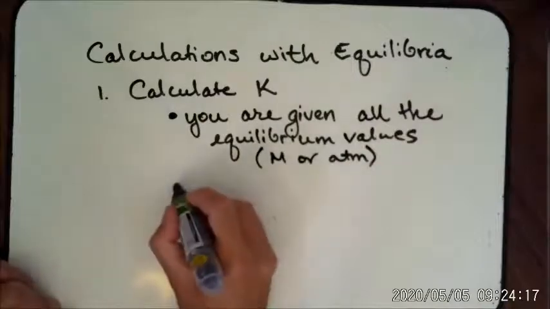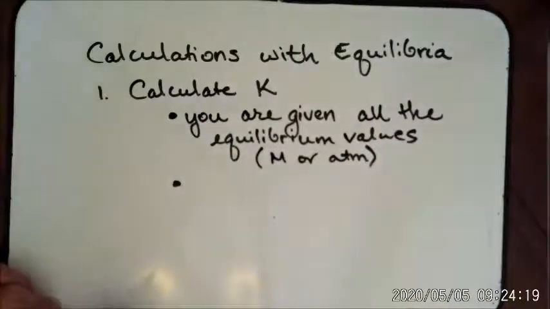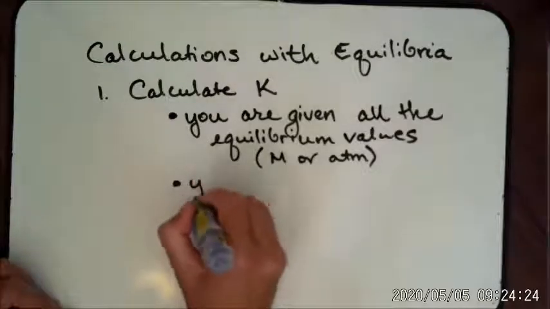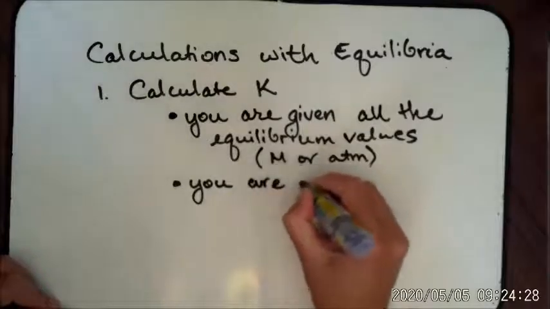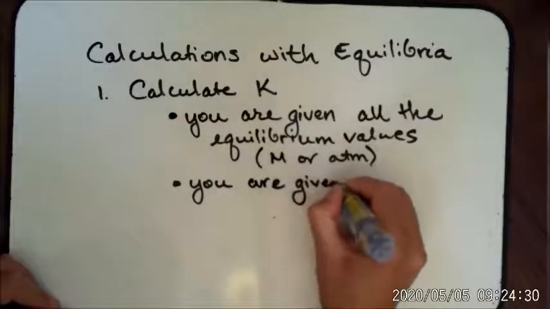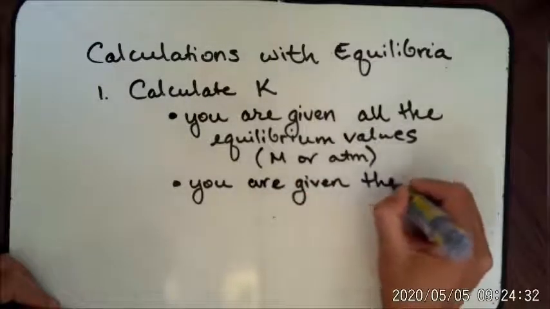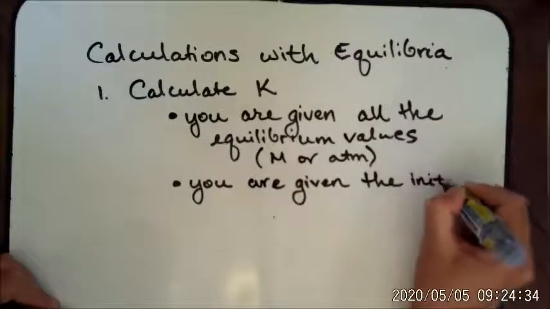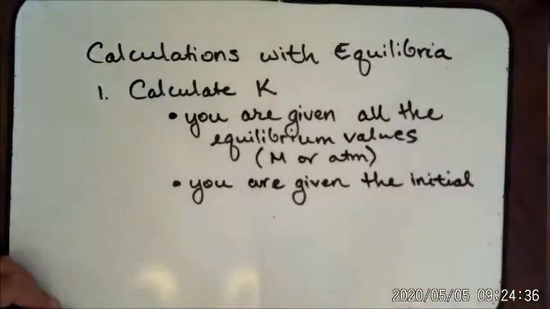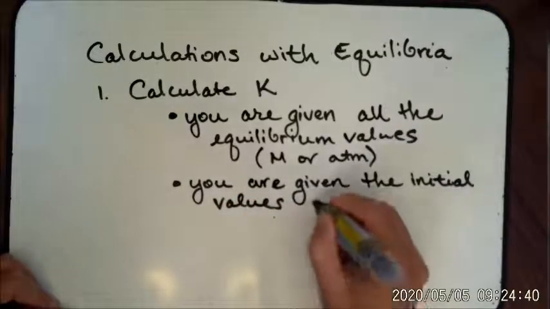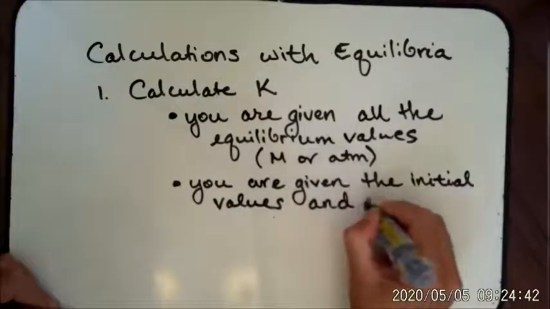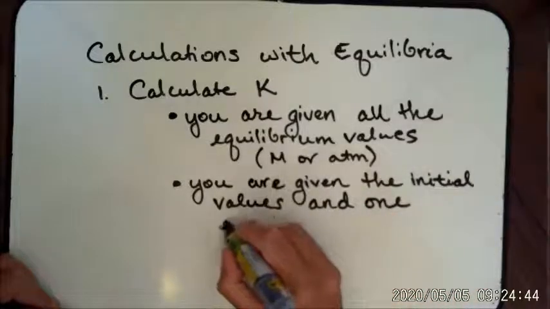Okay? The other possibility that you're going to encounter when you're determining K is you're given the initial values and one equilibrium value.